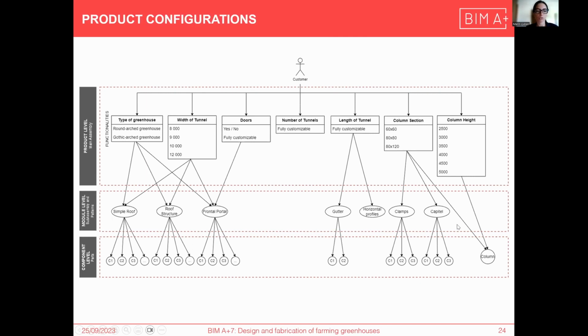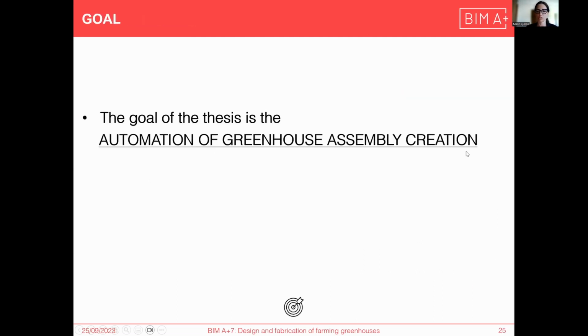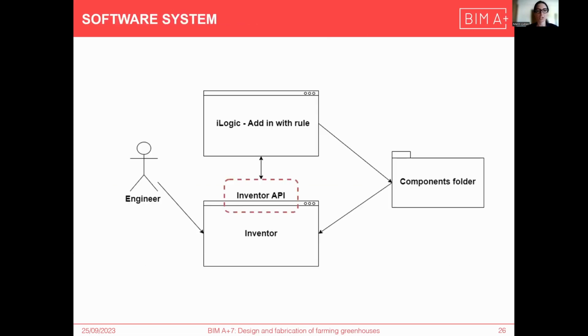And to define the modules, we have to know what the customer has chosen. So to define a column, we have to know column height and column section. To define the roof structure, we have to know the width of the tunnel and type of greenhouse. So our main goal is to automatically generate a 3D model based on the inputs of the customer or engineer.